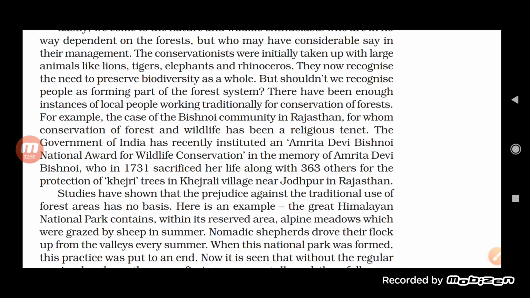A lot of local people also started protecting their forest. So we can say that these are actually the four main major stakeholders of the forest.